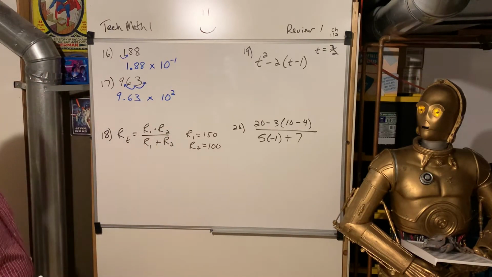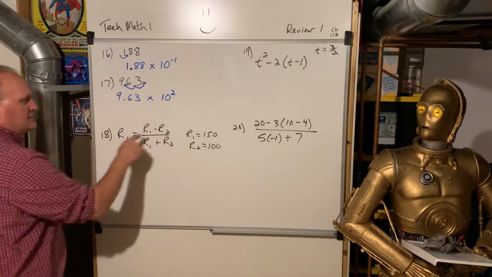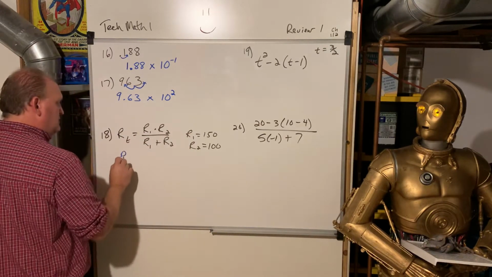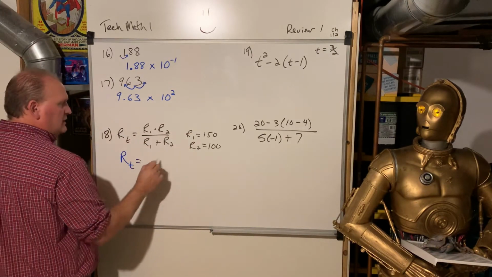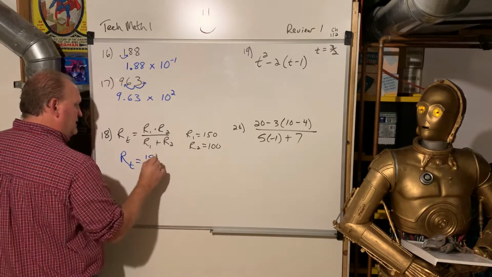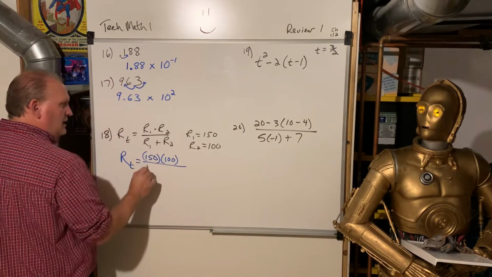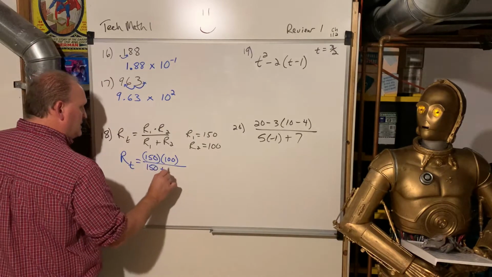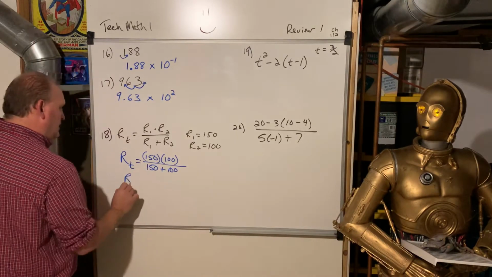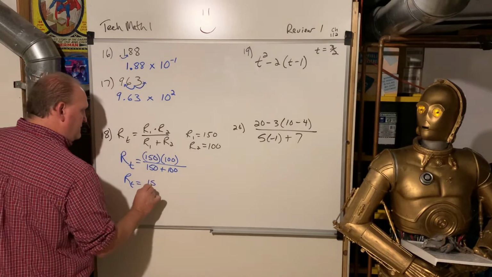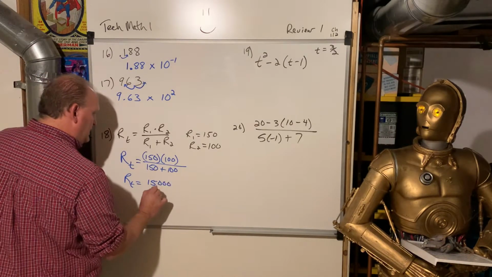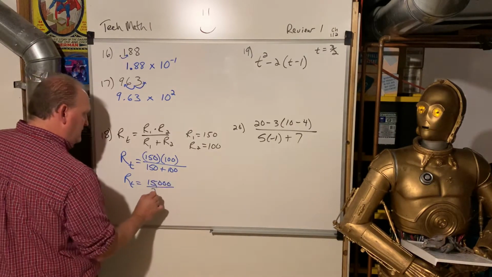All right. Okay, so this is just plug and chug, just substitute and simplify. So we're going to take 150 times 100 in the numerator and 150 plus 100 in the denominator. And we're going to get 15,000 over 250.